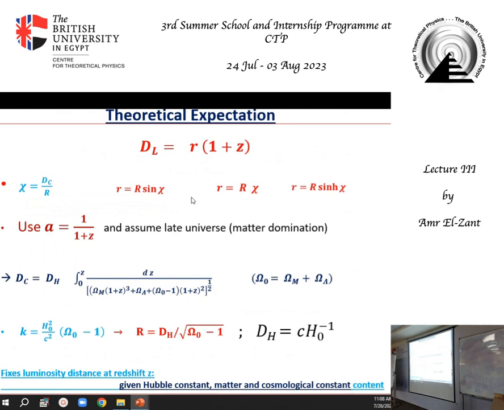Okay. So what we've done now, we got a as a function of the observable z, the redshift, redshifting of light. And we got the luminosity distance, something we can observe. Yeah?